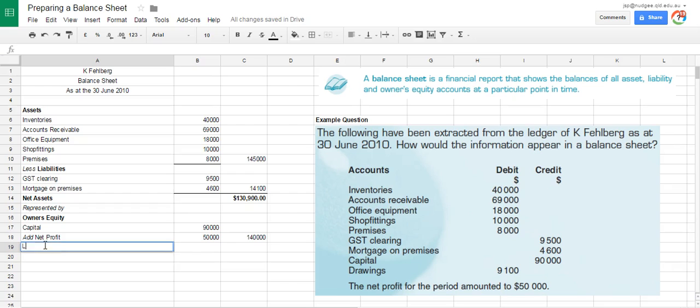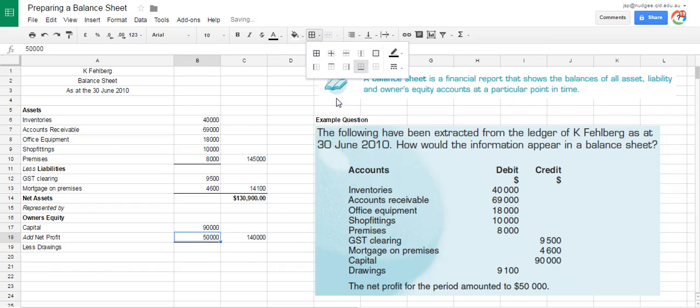And now, I'm going to say less drawings. Now, before I do that, I'll just get my line in there. Now, our drawings here are $9,100.